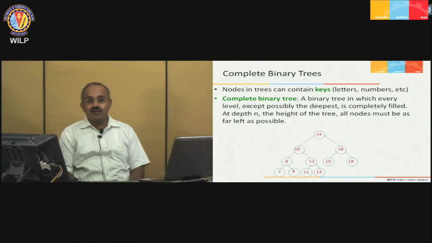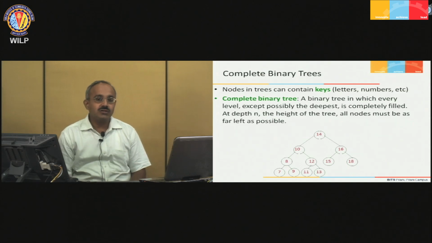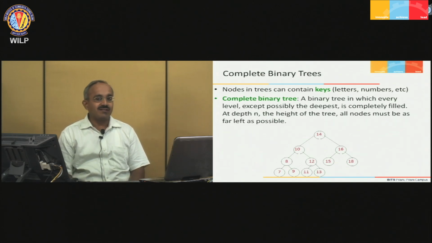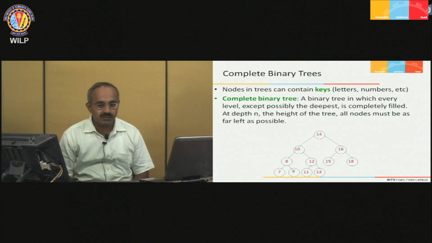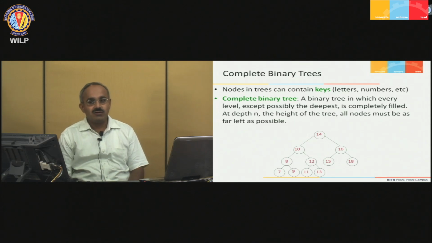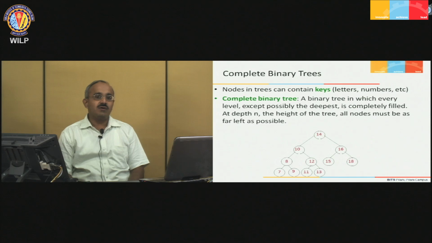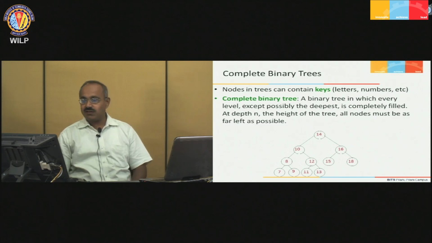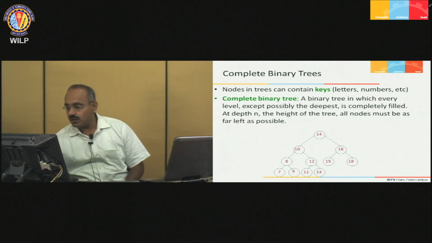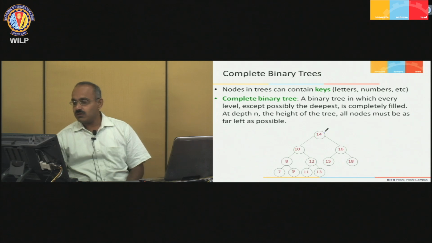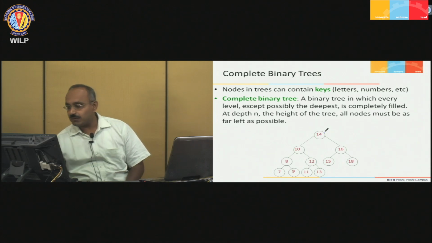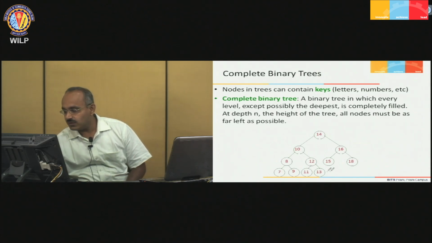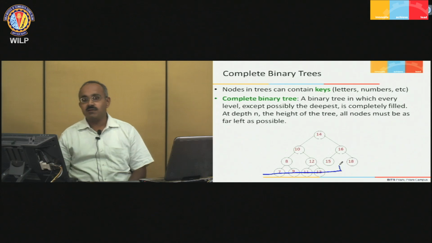We are also going to be interested in this particular type of complete binary tree, in which all the levels except the last level are completely filled, and at the last level all the nodes are filled from left to right. What that precisely means is, if I look at this example, all the levels except the last level are completely filled.